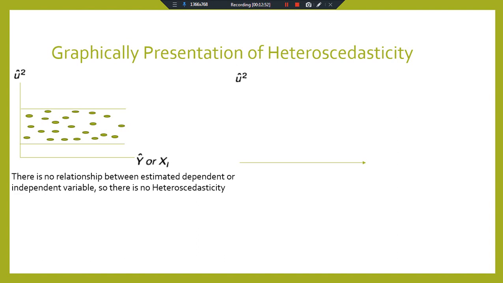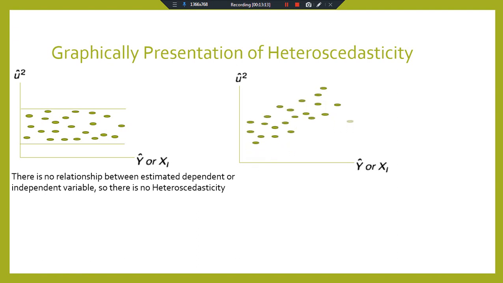Okay, let's see, we have another example where we have the estimated dependent variable y, or our explanatory variable, on the x-axis, and we have our variance on the y-axis, and we are going to draw a graphical presentation.